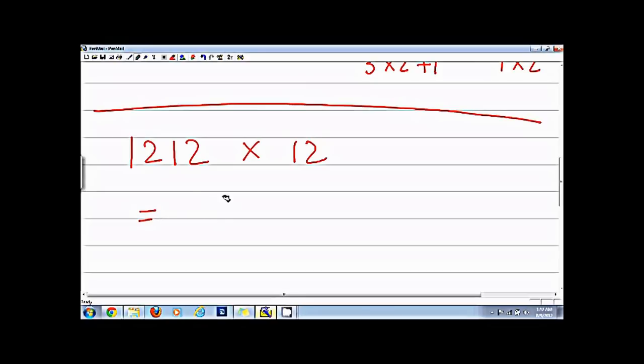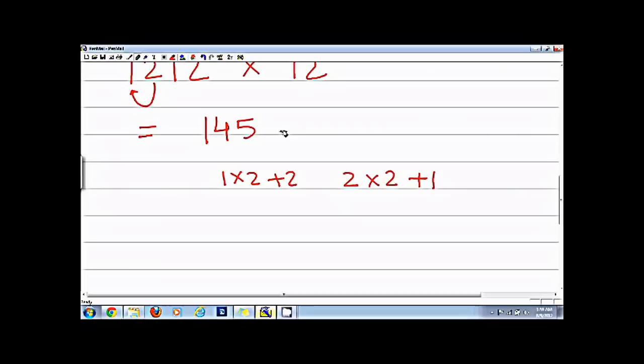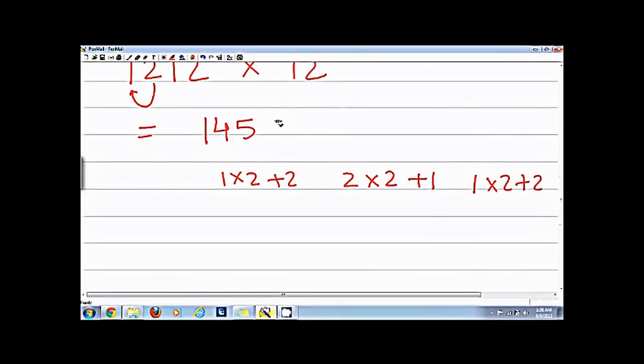So first I will write 1 here because the first digit is 1, and then I'll say 1 into 2 plus 2, so that is equal to 4, and then I say 2 into 2 plus 1, that is equal to 5, and then I'll say 1 into 2 plus 2, and that is equal to 2 plus 2 is 4, and then I'll say 2 into 2, that is equal to 4. So the answer is 14544.